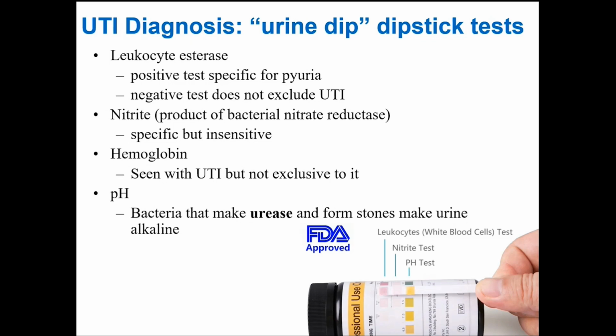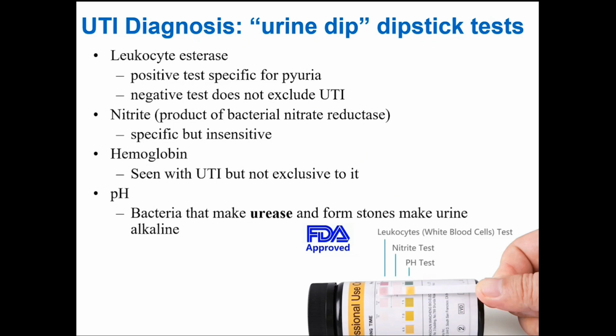Nitrite, as I mentioned, is a product of E. coli metabolism most commonly, but other bacteria can do this as well. It's not the most sensitive test, but when it shows up, it's relatively specific for an E. coli urinary tract infection. Hemoglobin as well is certainly seen with UTI.